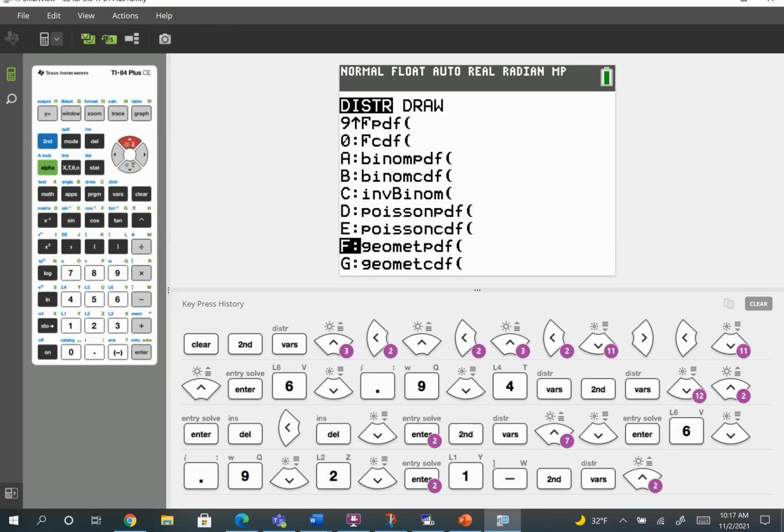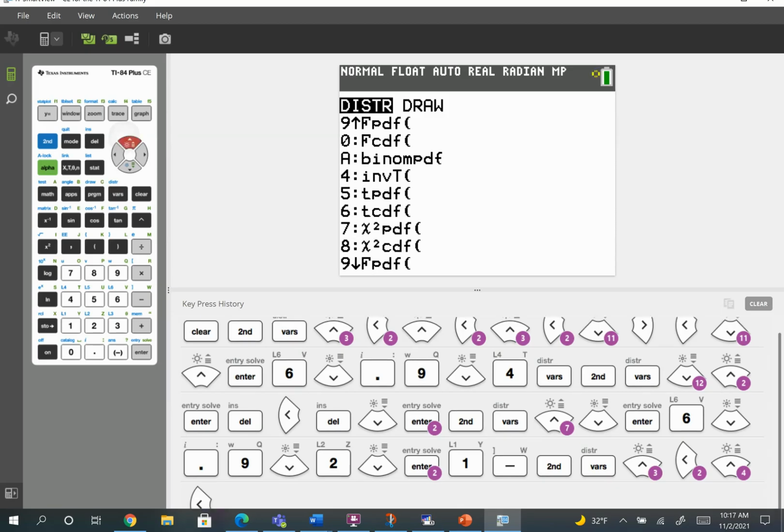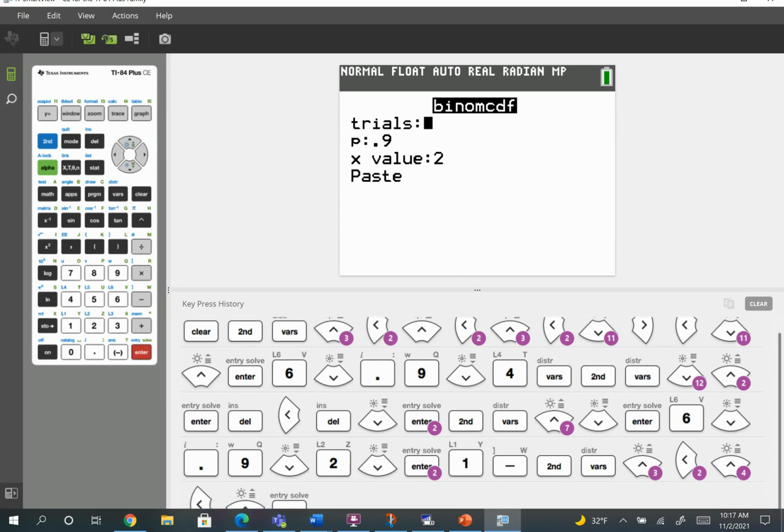Go to binom CDF. Six trials, 90% probability of success. But this time we want to subtract out 0 or 1, so we need to tell it to stop at 1.